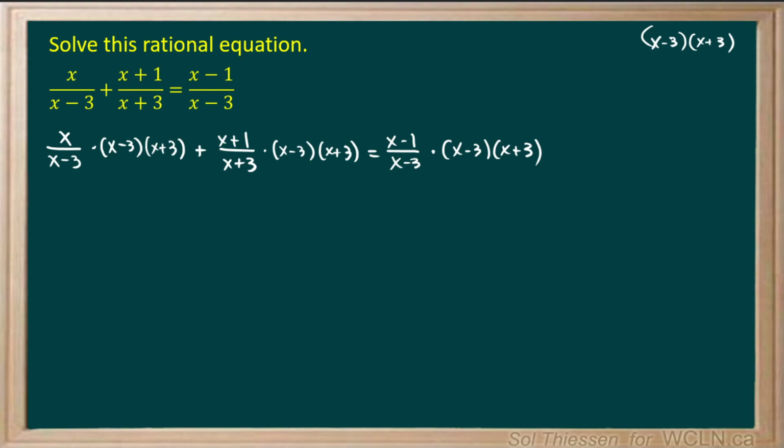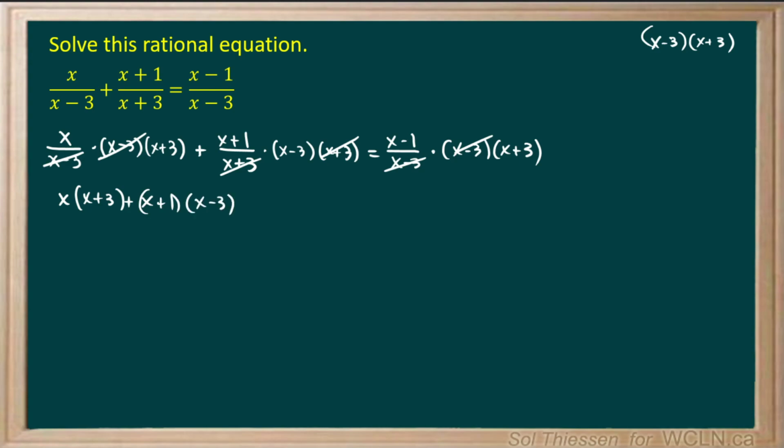So now we can cancel some factors between the numerators and denominators. This x - 3 will cancel with this x - 3, this x + 3 cancels with this x + 3, and this x - 3 cancels with this x - 3. So on the left we'll have x(x + 3) + (x + 1)(x - 3).